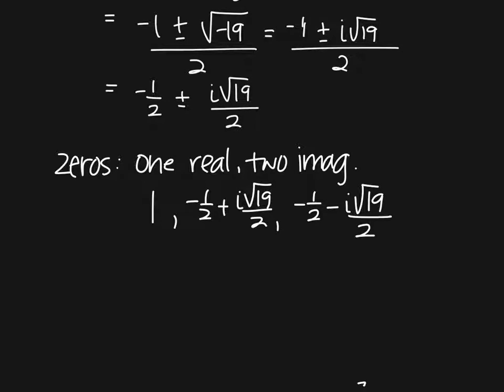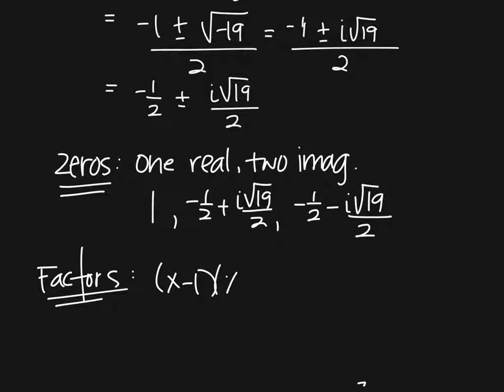Okay, and what would be, maybe I'm selling you guys short, maybe you got it right the first time, but usually what happens is people write their factors like this, x minus 1, and they write their second factor as x plus half plus i rad 19 over 2.